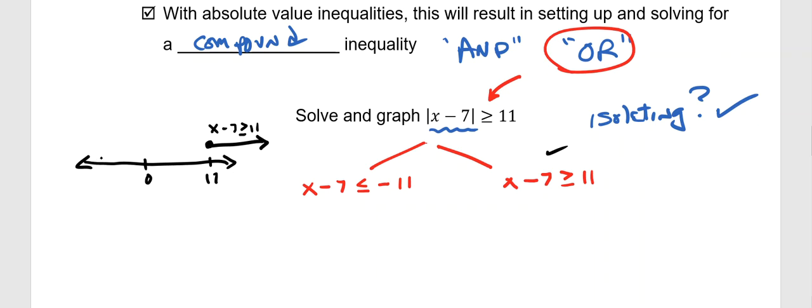But taking into consideration the other side of 0, this absolute value can also be at least 11 away from 0 on the left, which means it's at least at negative 11 and then extending off from there to the left. So in this case, we'd be looking at x minus 7. Think about being to the left of negative 11 means that we're less than or equal to negative 11.